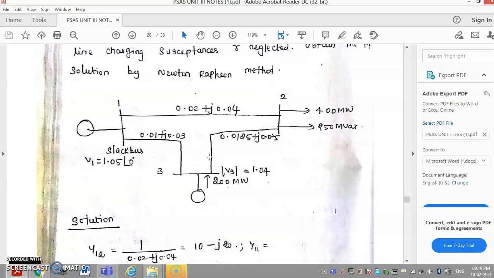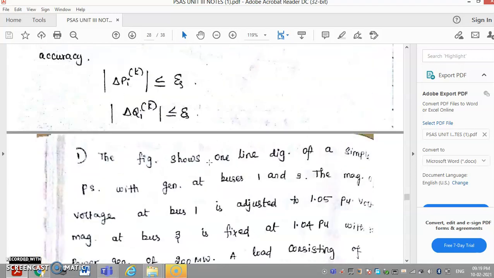In the Newton-Raphson method of problem solving, you have to use the calculator in radian mode so that you can solve the problem. Once we complete the problems in the Gauss-Seidel method, we will come to the NR method problem.